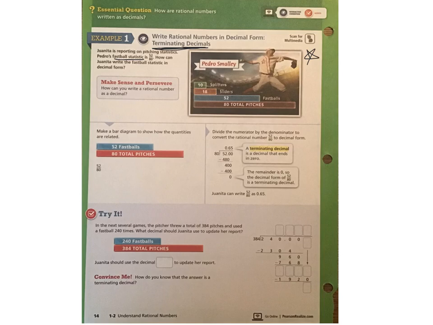So it shows me here that he pitched 52 fastballs out of 80 total pitches, which is where the fraction 52/80 comes from. The bar diagram here is just taking the information from the table. They just copied that information from the table.